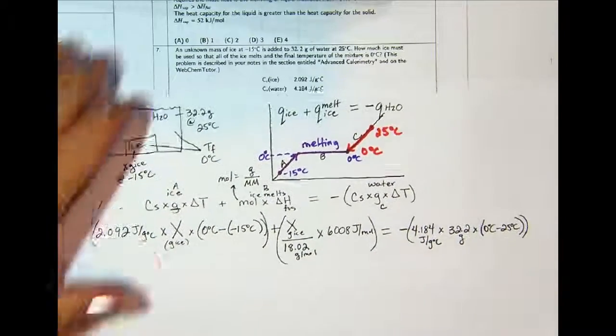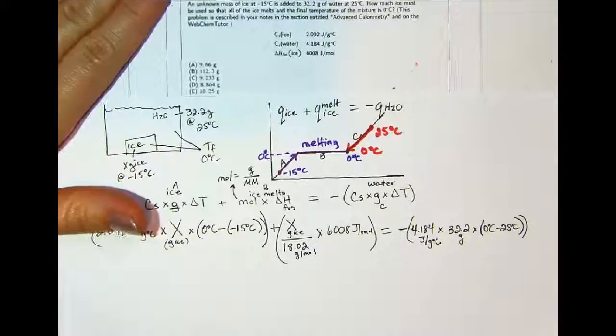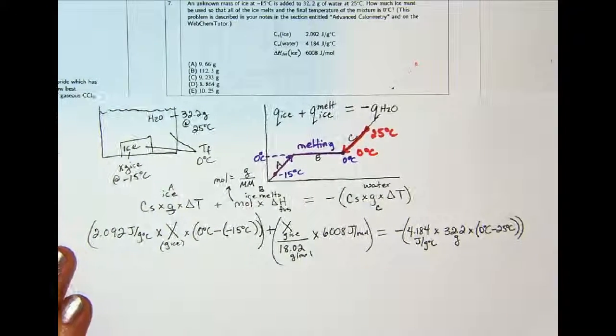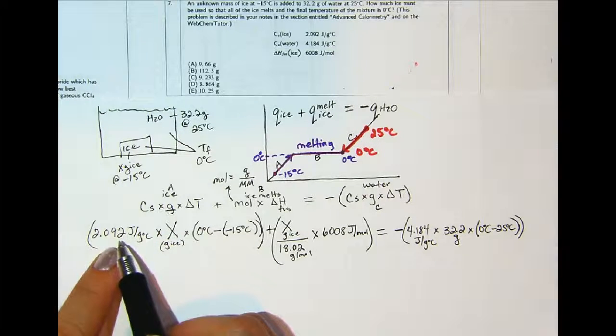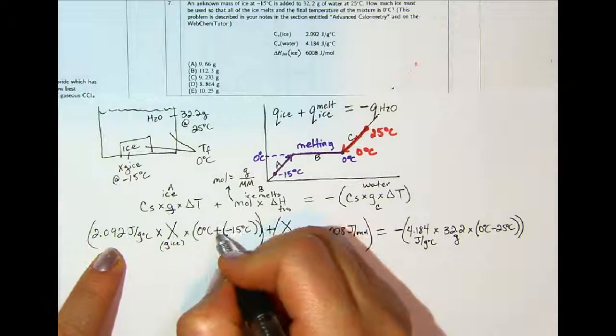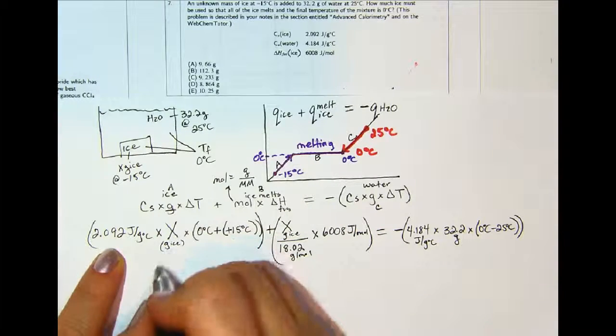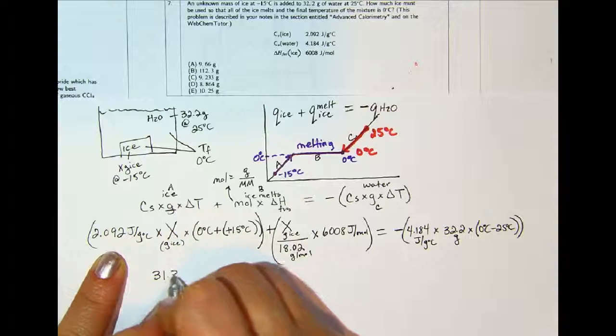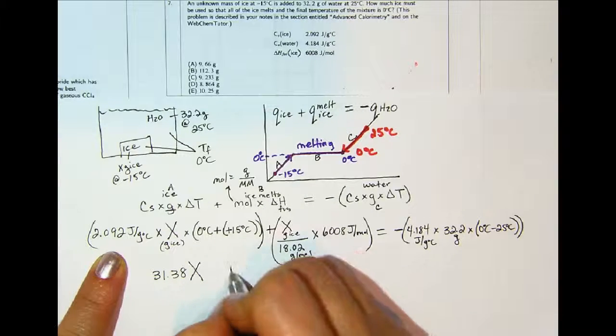Okay, so now we have our entire equation set up, and so we can plug this into our calculator and solve. I'll do a little simplifying first. If I take 2.092 times, this turns into a positive, times 15, we get 31.38x.